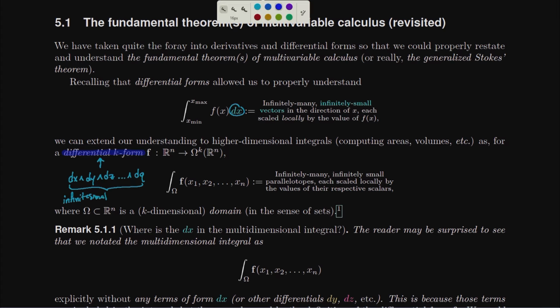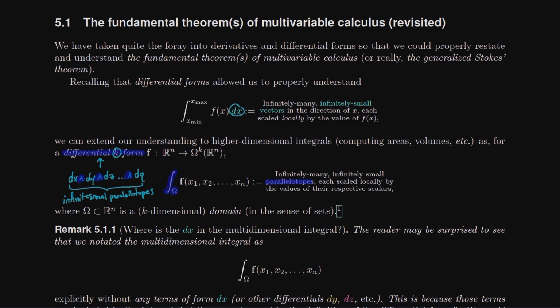Well, these wedge products were giving us, at the first stage a parallelogram, at the second stage a parallelepiped, and then all the way up we call these things parallelotopes in any number of dimensions. So these are infinitesimal parallelotopes. They occupy some sort of k-dimensional space when it's a differential k-form. So each one occupies some sort of k-dimensional space, and you end up summing infinitely many of those.